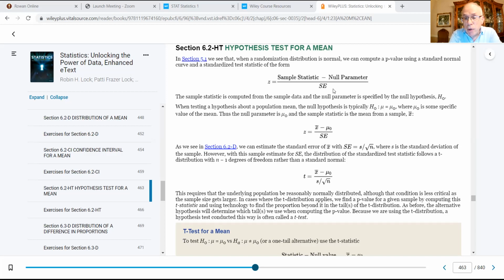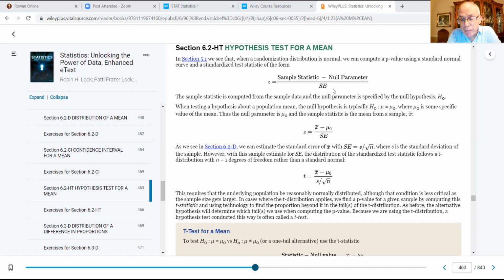Now, in section 5.1, for the standard error, we typically used the standard error that was on a StatKey randomization distribution, the sampling distribution. We would go to the upper right-hand corner and find the standard error there.